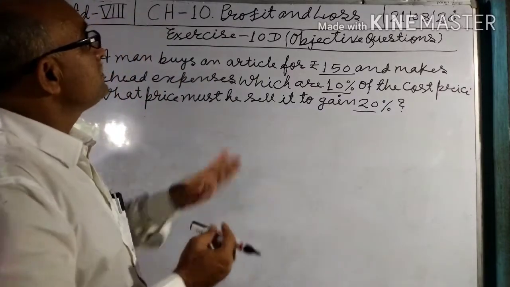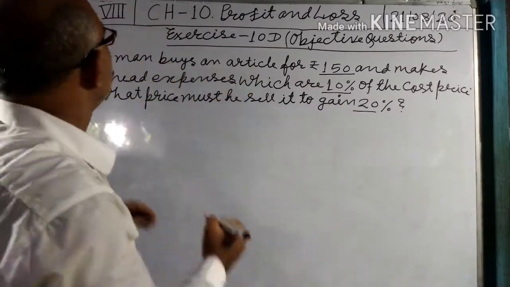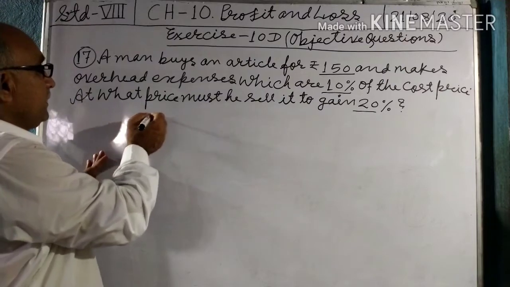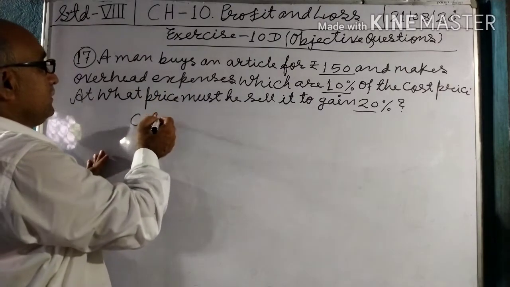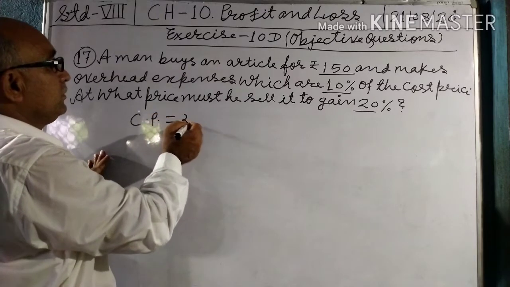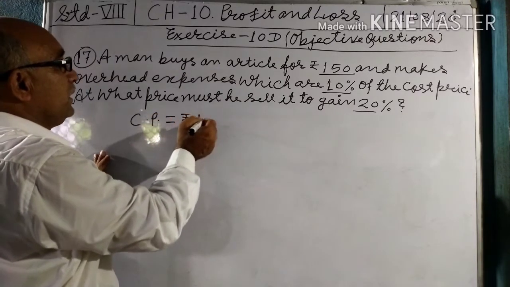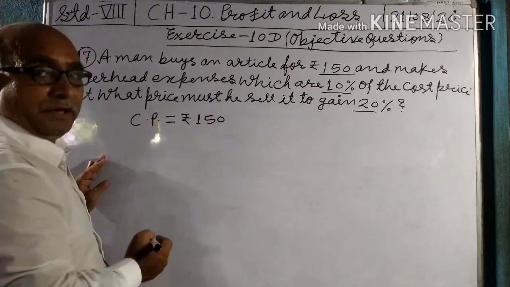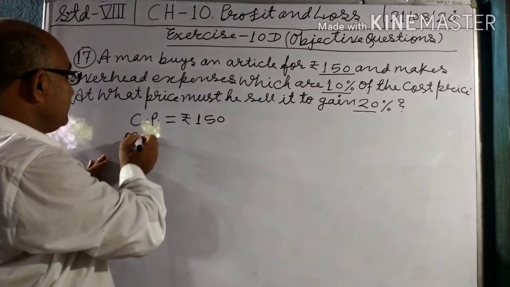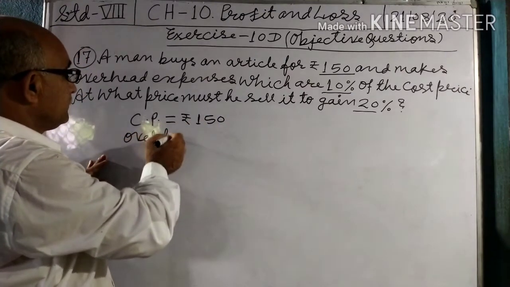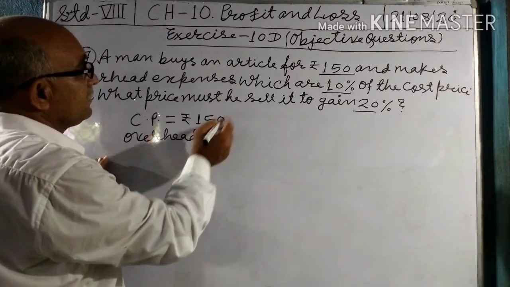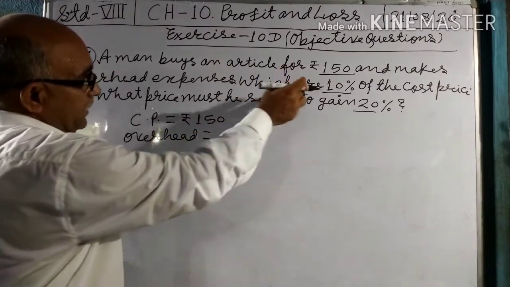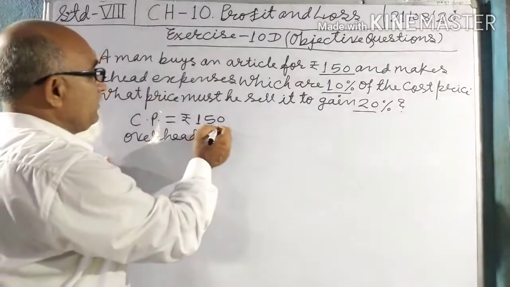So I have given CP equal to rupees 150. Overhead expenses is 10% of the CP.